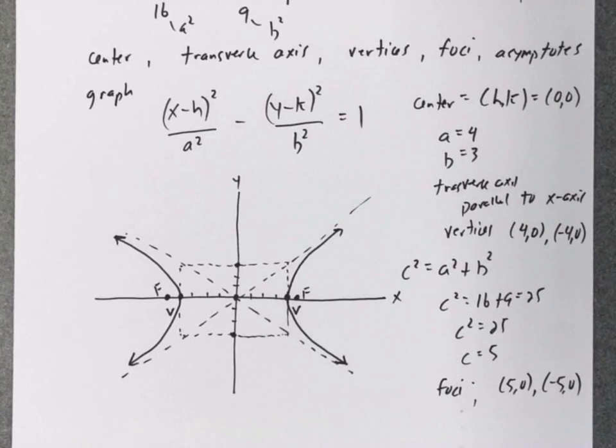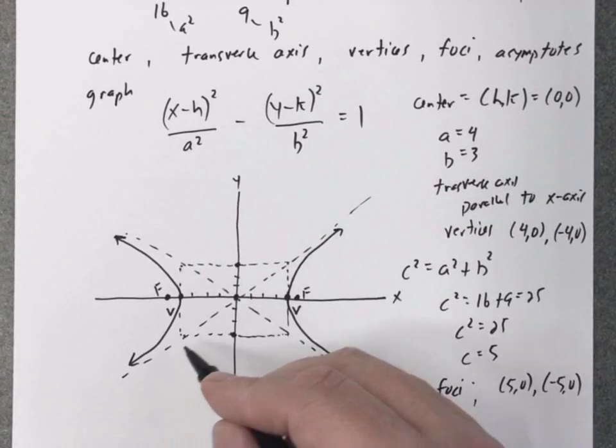Now the only thing left, let me see how they word it. They want the asymptote, they want the equation. So these asymptotes are straight lines.